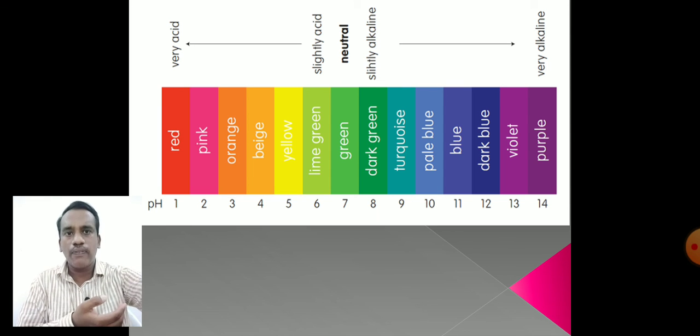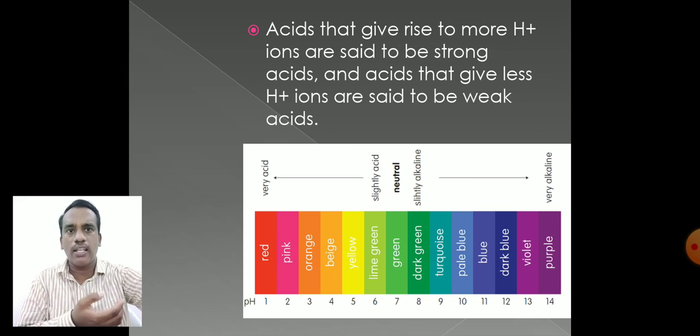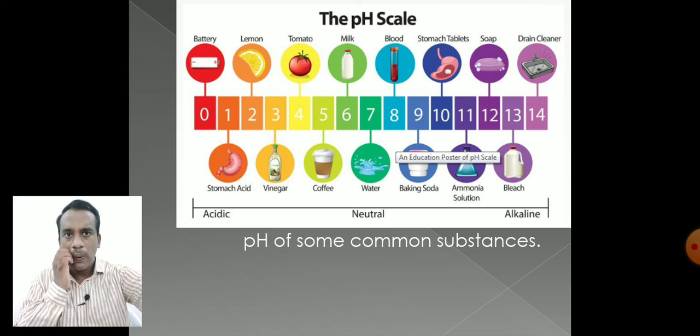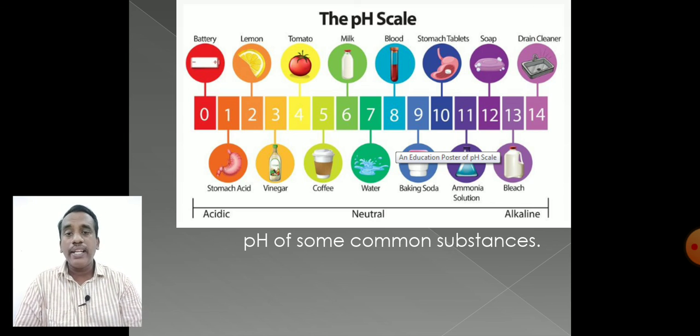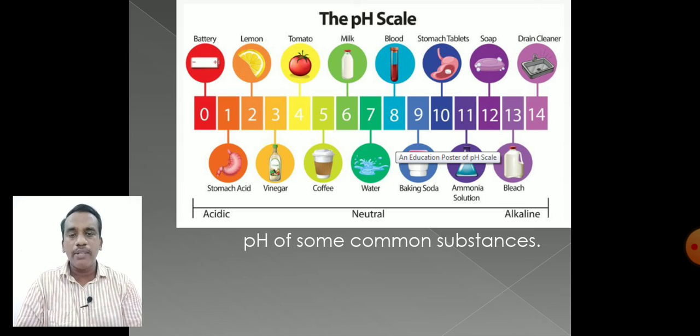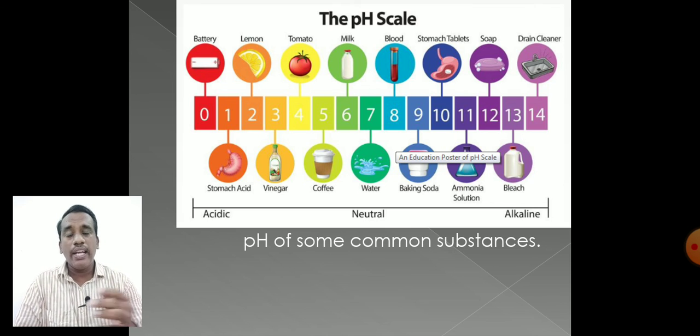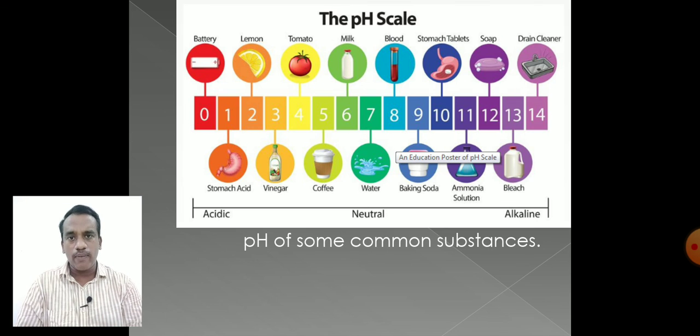Some examples that we have along with us: now we can observe here at 0 we have the battery acid. Battery acid is the acid we use in the battery, sulfuric acid. And in our stomach, in order to digest the food that we have taken, hydrochloric acid is released.